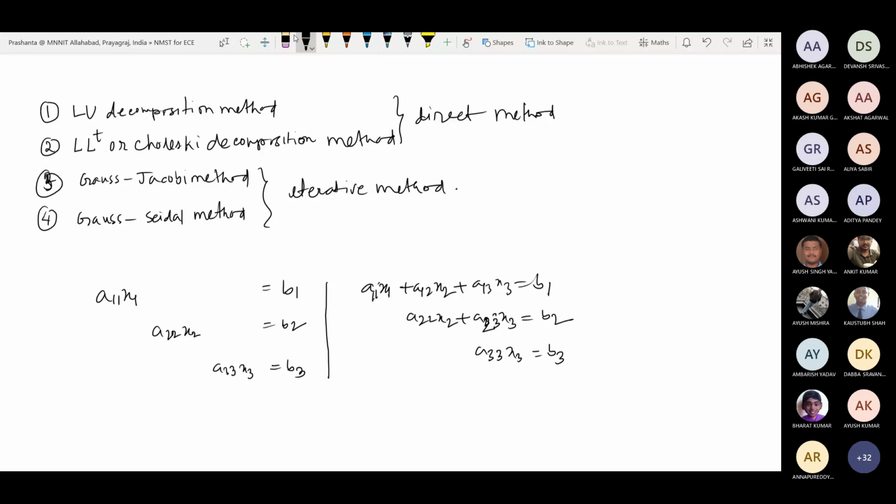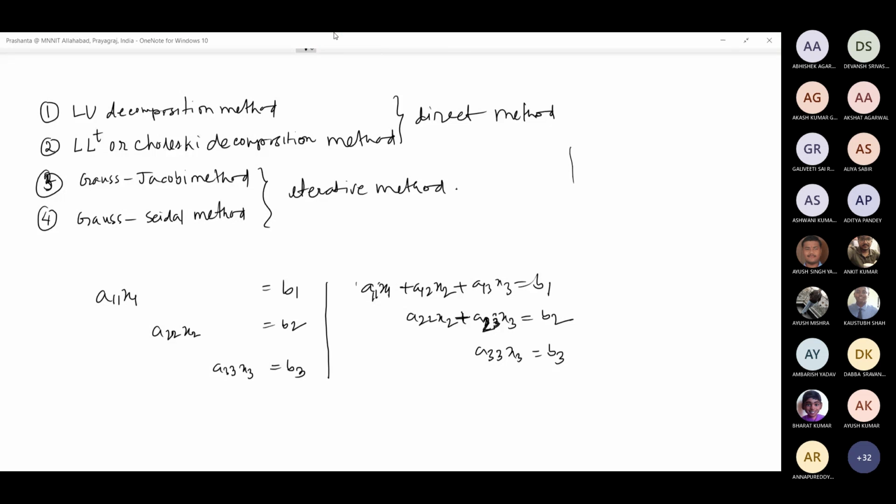Can you solve the second system very easily? That is an upper triangular system, because if you consider this as the coefficient matrix, then the elements below the diagonal will be 0. So this is an upper triangular system. Can you solve it easily?